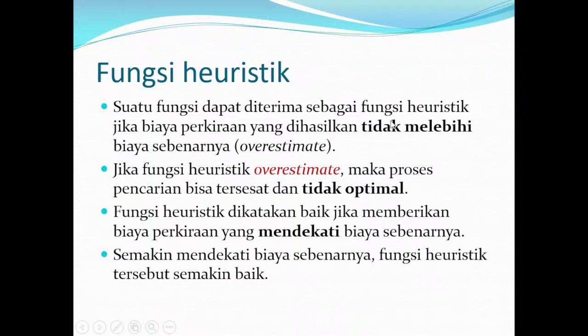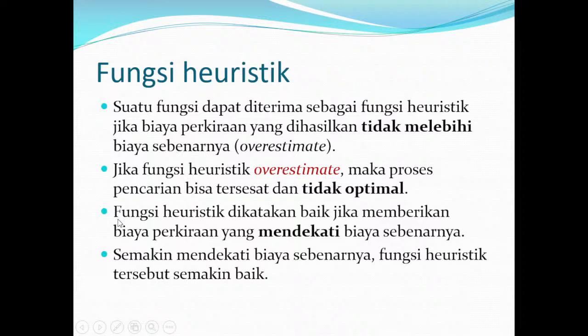So there is a rule: we can use a heuristic function if this statement is applicable. If the heuristic function overestimates, then the searching process will not be optimum. Meanwhile, for our algorithm using the heuristic, we will find something which is optimum.